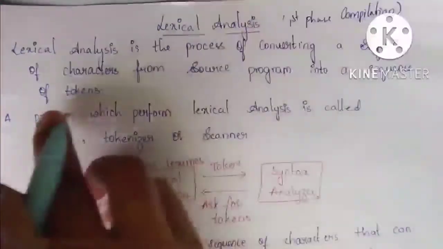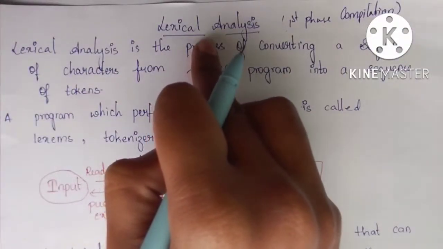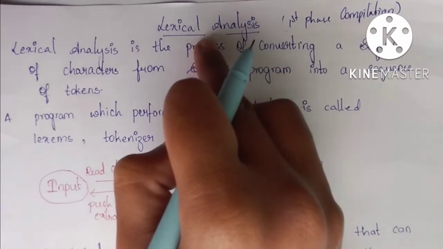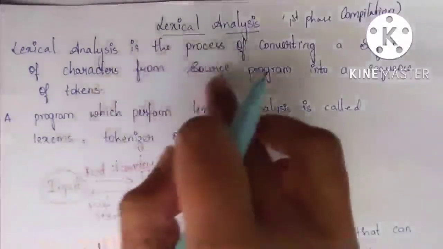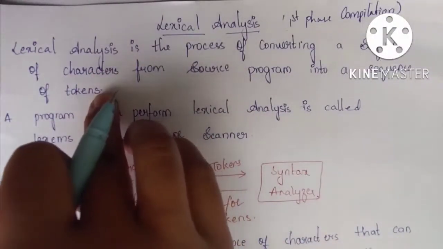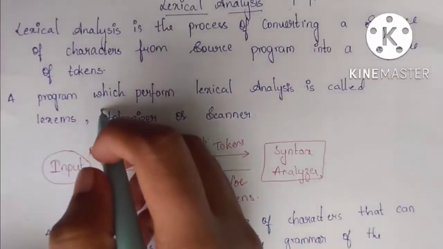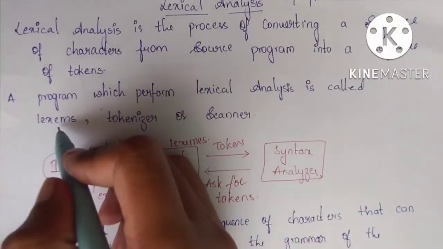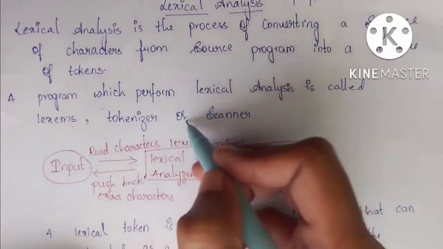So in the lexical phase we take the source program as input, and in the lexical analysis phase we convert the sequence of characters into a sequence of tokens. Lexical analysis can also be called a tokenizer or scanner.